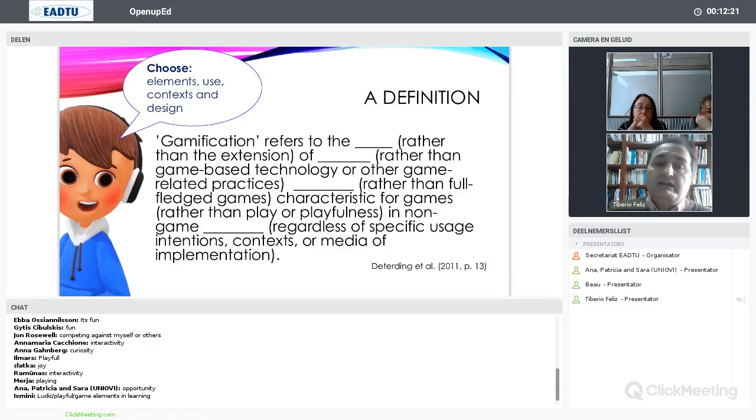You could choose among elements, use, context, and design. For the first blank, you have to write only 1 word. So you write it, 1, 2, 3, go. Write it in the chat.